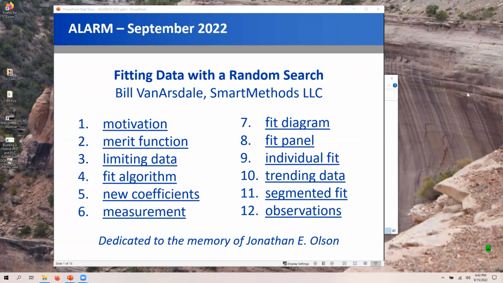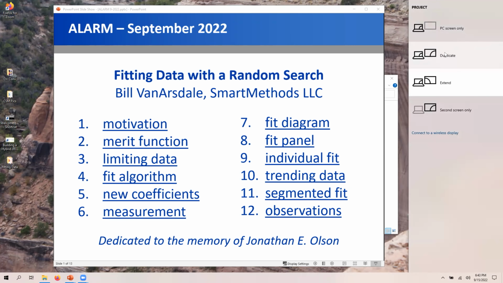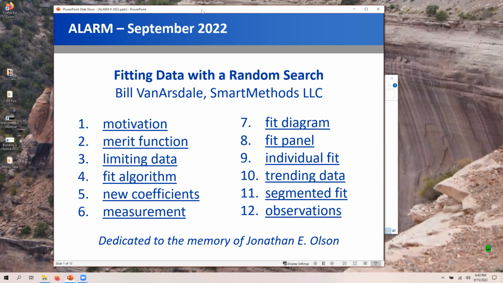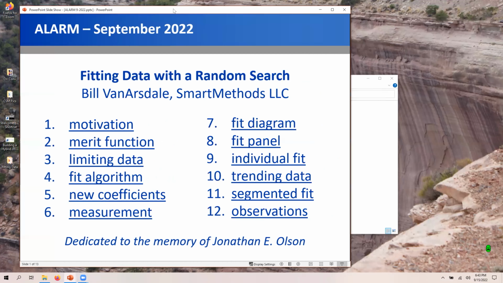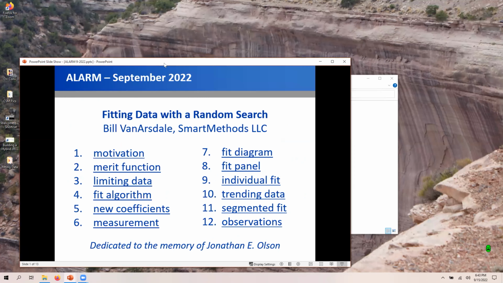Yeah, this one's always a different resolution than that one. So I don't know what its problem is. You mind if it's a little smaller on that one?